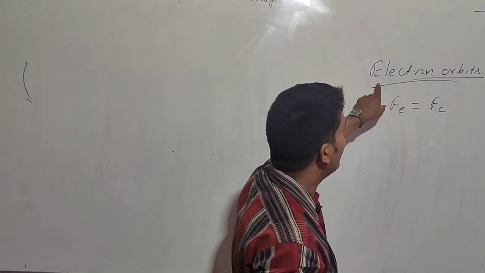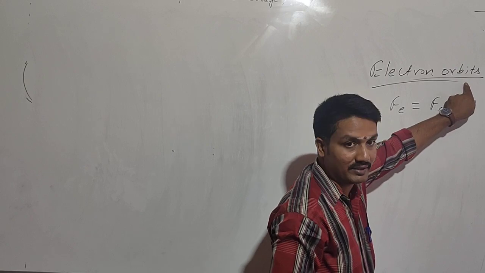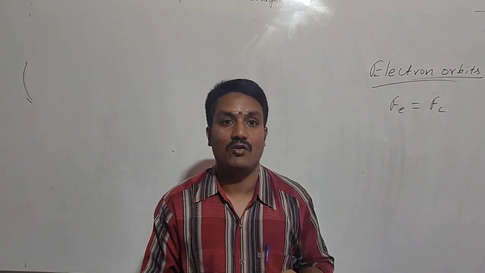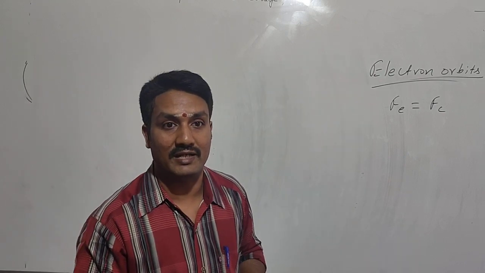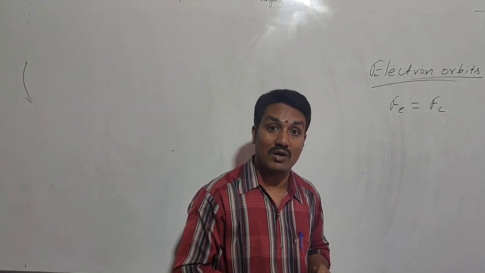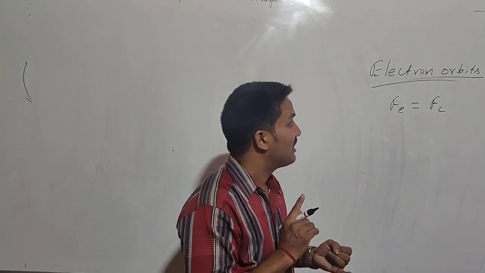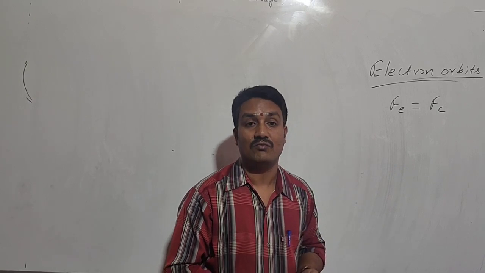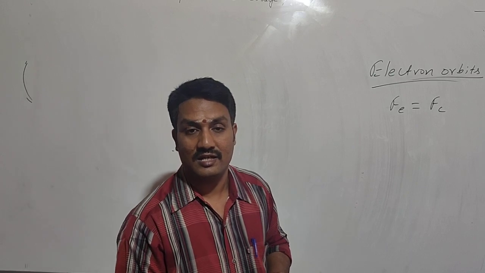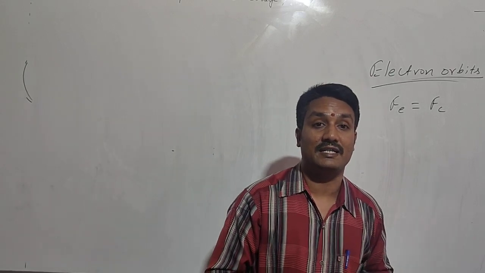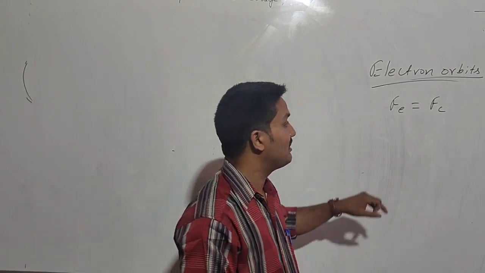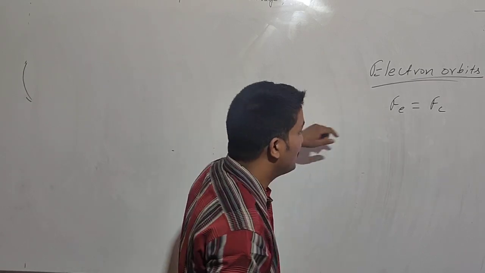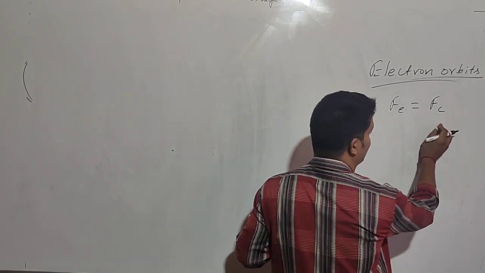In this one, now we have to determine the orbit. In the orbit, how much distance the electron maintains from the nucleus, that is small r we have to determine. And in the orbit, while it is moving, what velocity it has and what kinetic energy it has, by means of these formulas we have to determine. Now you see here, Fe is equal to Fc.